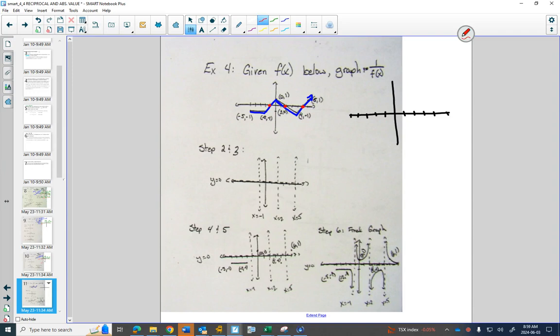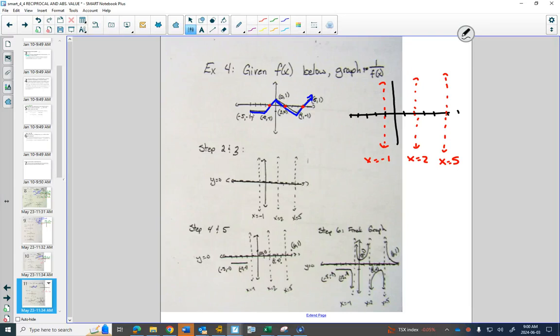So on your reciprocal graph at -1, at 2, and at 5, you're going to have vertical asymptotes. So wherever you had x-intercepts on your original graph, that's where your y values are 0, and then on the 1 over graph, you can't divide by 0, those will become asymptotes.